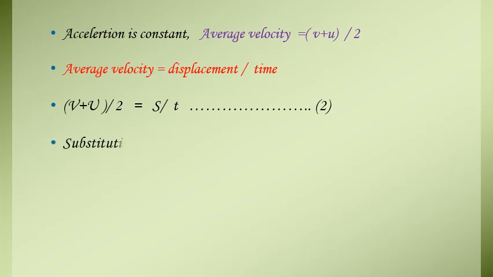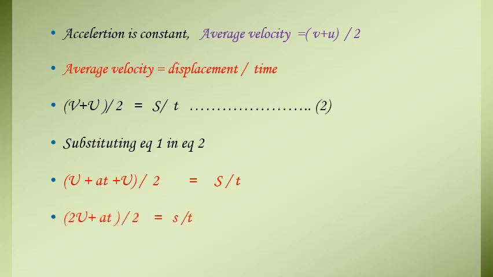Now you have already learned the first equation of motion: v = u + at. When you substitute, instead of v we write u + at. So (u + at + u)/2 = s/t.